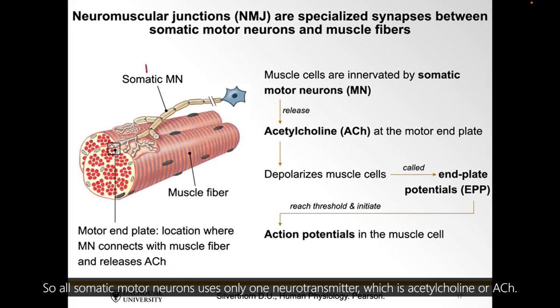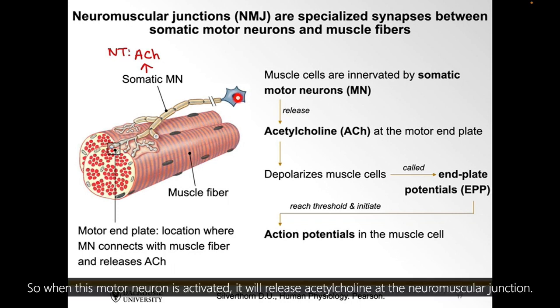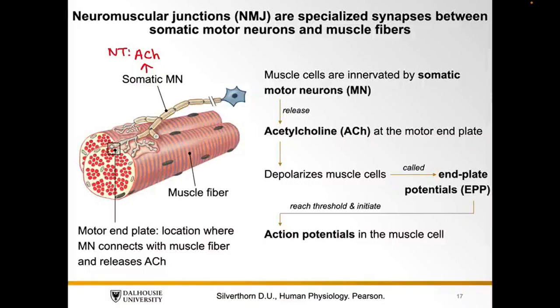So all somatic motor neurons use only one neurotransmitter, which is acetylcholine, or ACh. So when this motor neuron is activated, it will release acetylcholine at the neuromuscular junction. Now, the specific location where that's released on the muscle cell is called the motor end plate. And we'll look at this a little better in a few slides.